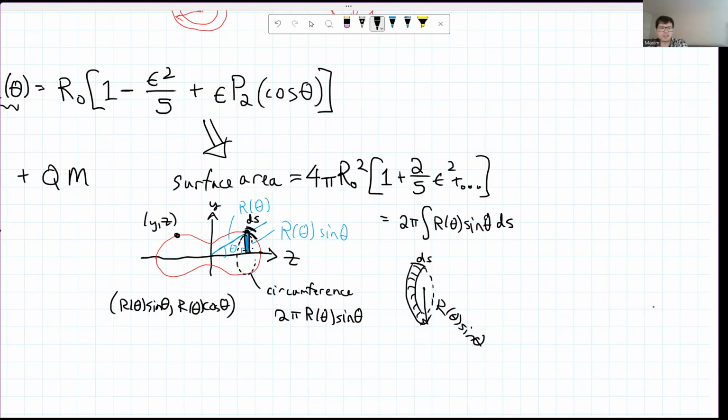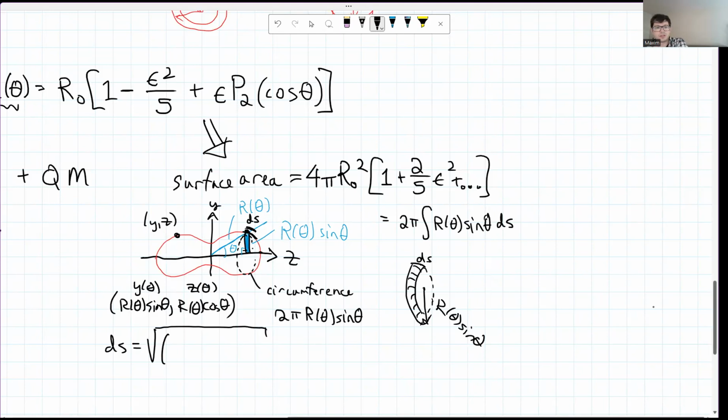And so it turns out that the line element, this is some calculus that maybe you don't necessarily remember, is this: you can think of y as a function of theta and z as a function of theta.